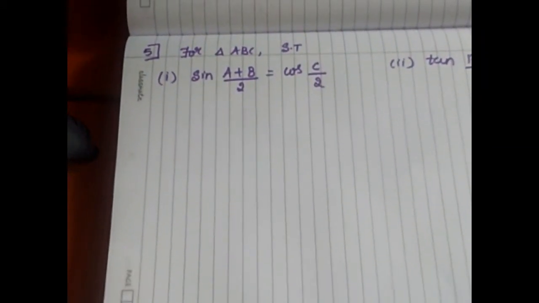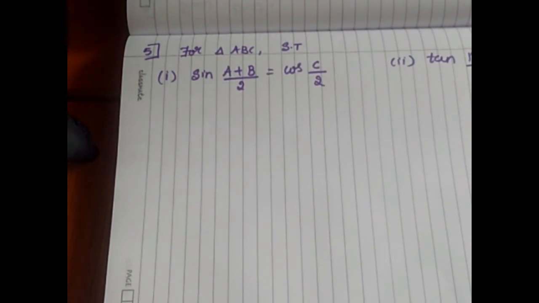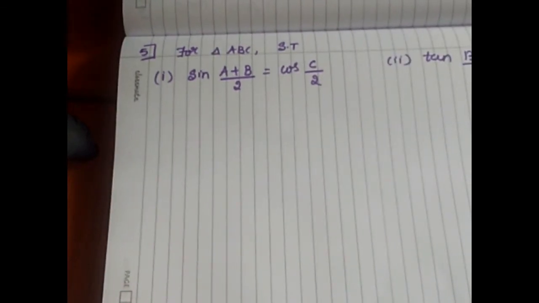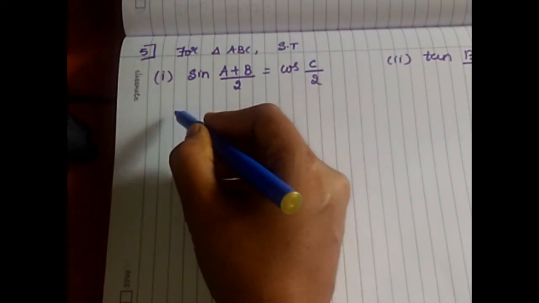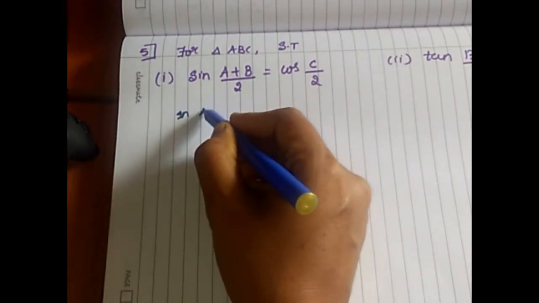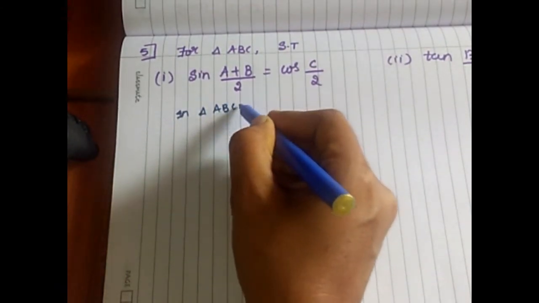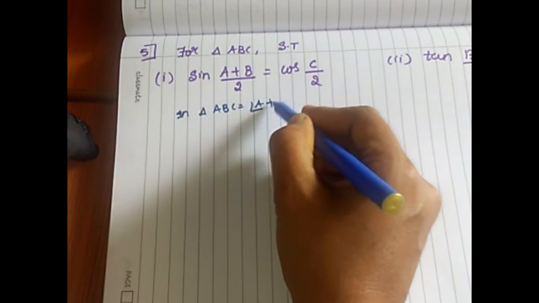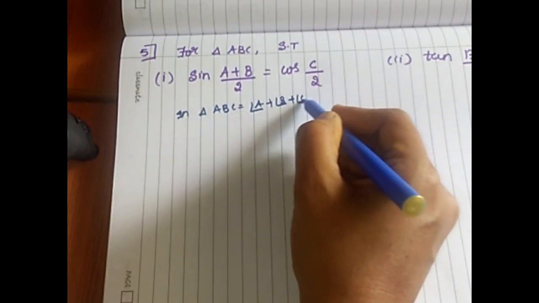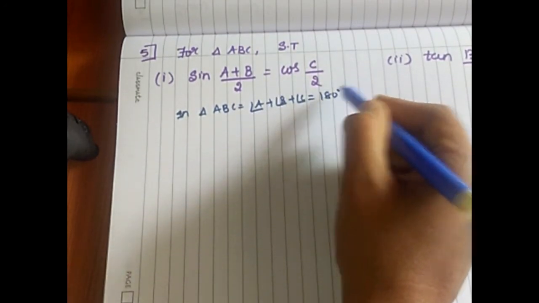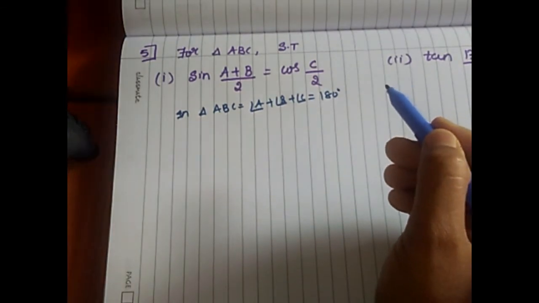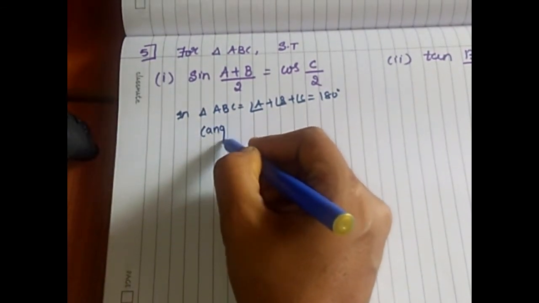Now look at the fifth problem. It is said that for triangle ABC, show that sine of (A plus B) by 2 is equal to cos of C by 2. As it is said that in triangle ABC, angle A plus angle B plus angle C is 180 degree. What is the reason? Yes, you are right. Angle sum property.